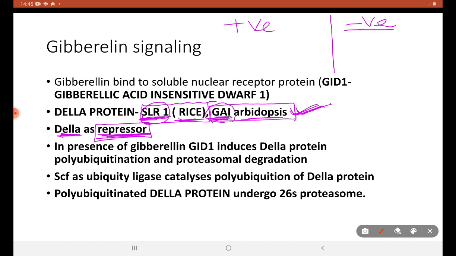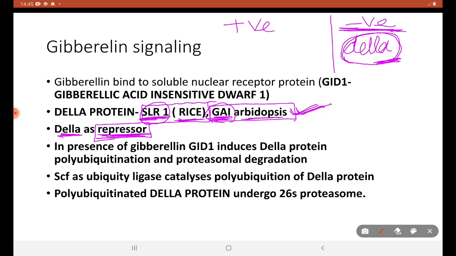In the absence of gibberellin, this transcriptional repressor DELLA protein has as its main function repressing, that is, inhibiting the pathway. It will inhibit all the processes of gibberellin, like seed germination, stem elongation and cell division. DELLA protein represses gibberellin-dependent processes like seed germination, leaf expansion, stem elongation, flowering and seed development.